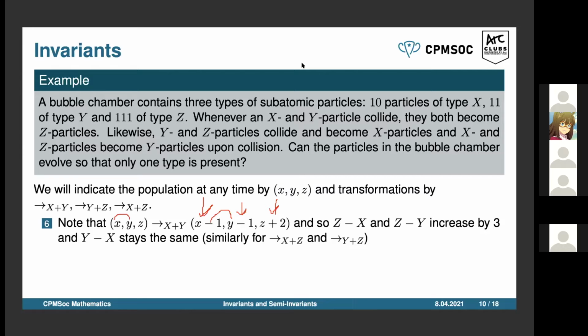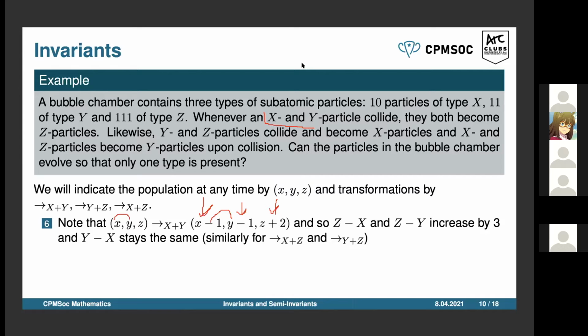So again, you can see that the hypothesis is correct in this case when you apply the x and y collision, because all 3 differences are going to be the same modulo 3. Now you can use a symmetry argument, because this entire problem is symmetrical in x, y, and z.